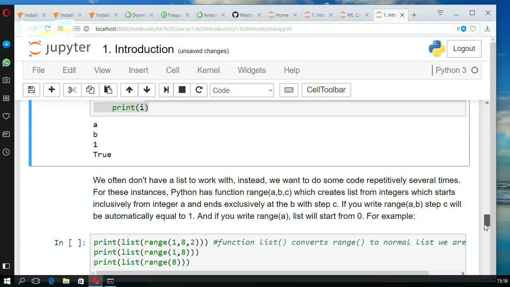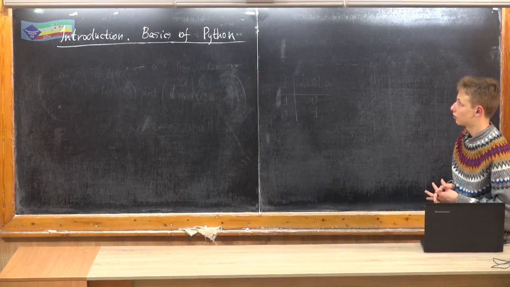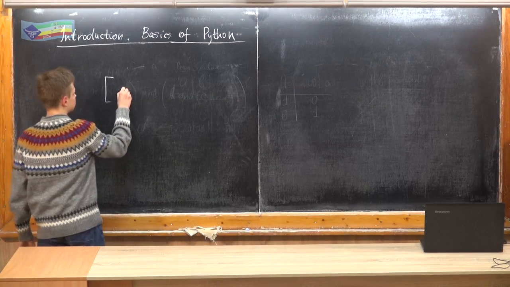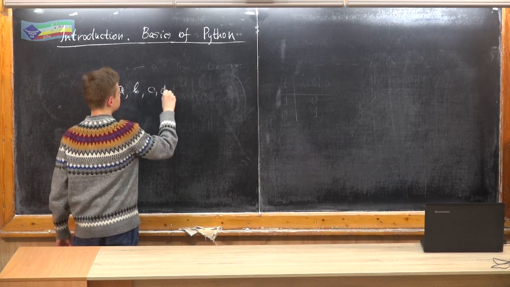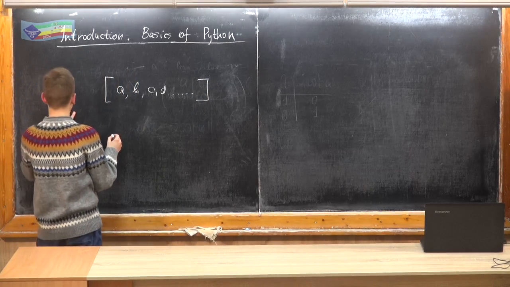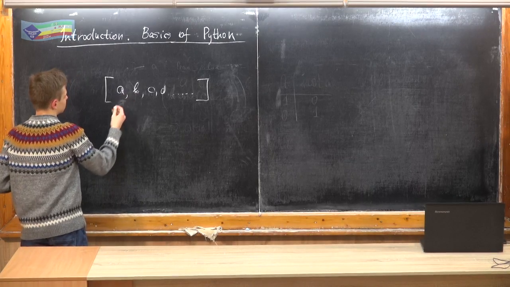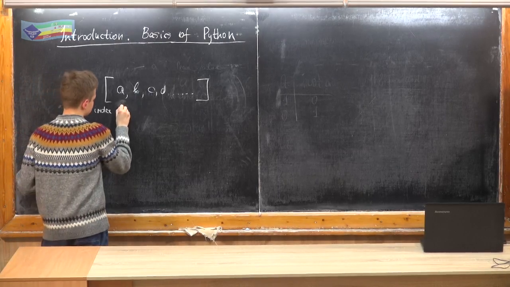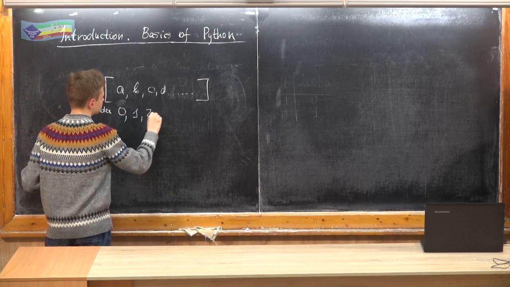But sometimes this structure can't do what you need, because sometimes you'll need the index. For example, if you have some list A, B, C, D, sometimes it's important what index this element has, because the index in Python starts from 0, 1, 2, 3.